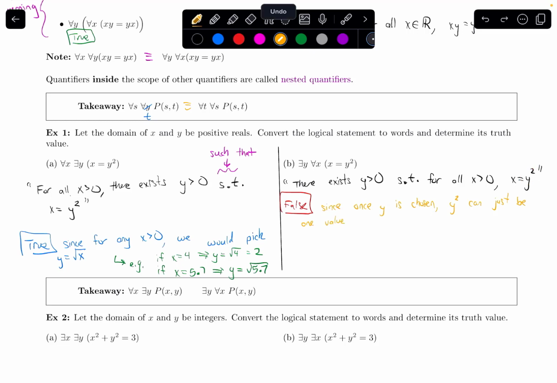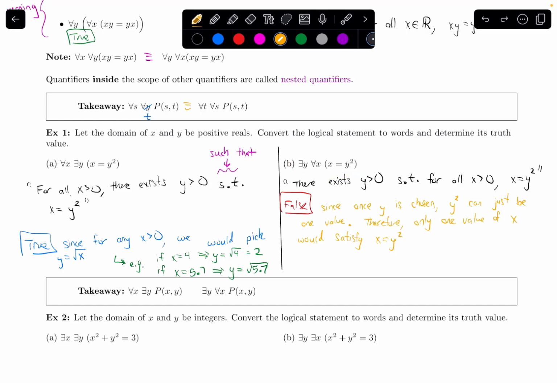And that means x has to be equal to y squared. Therefore, only one value of x would satisfy this equation, would satisfy x being equal to y squared. Okay, so as a result, this is false.